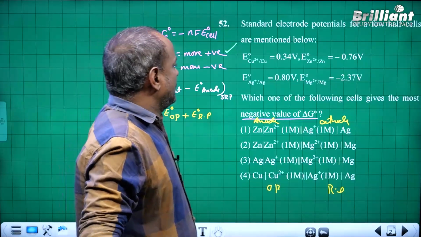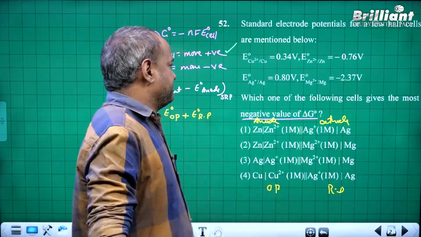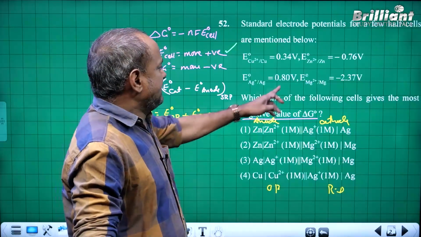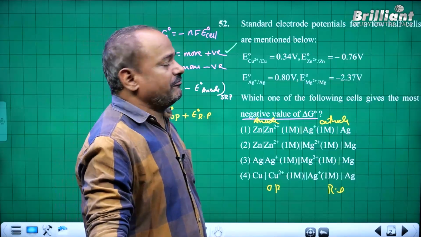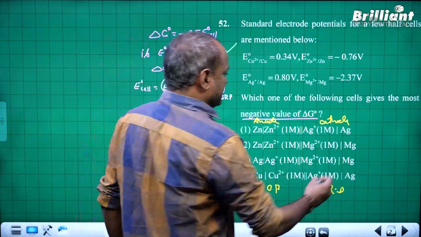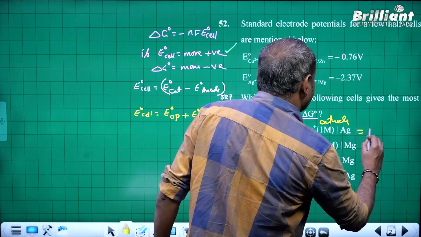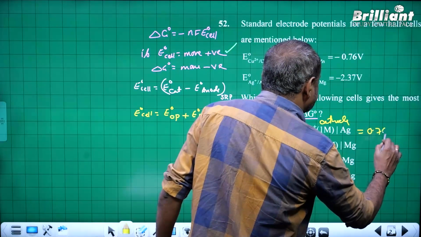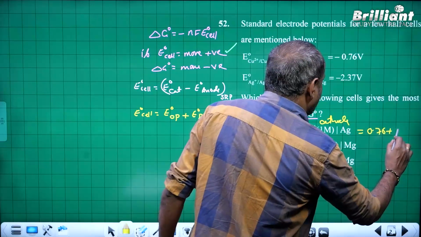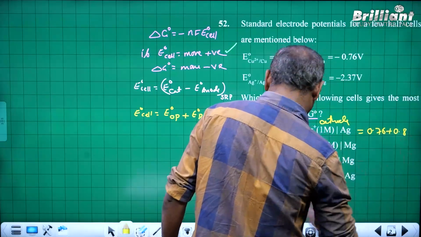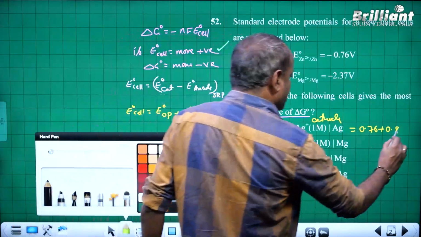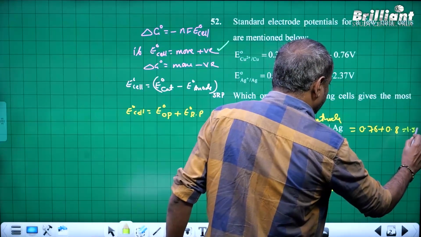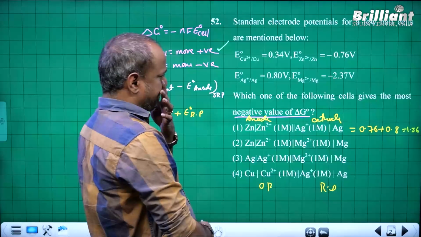Zinc OP value means plus 0.76. Silver 0.8, 0.76 plus 0.8, 1.56. That is the highest, I think, 1.56.